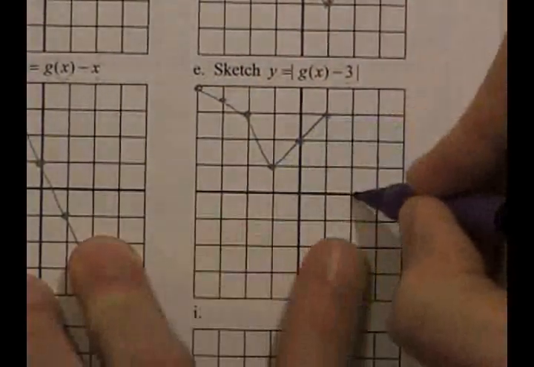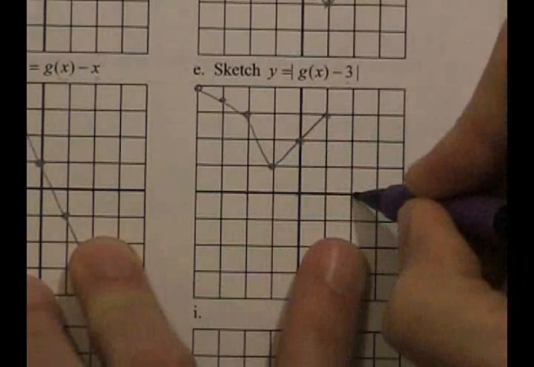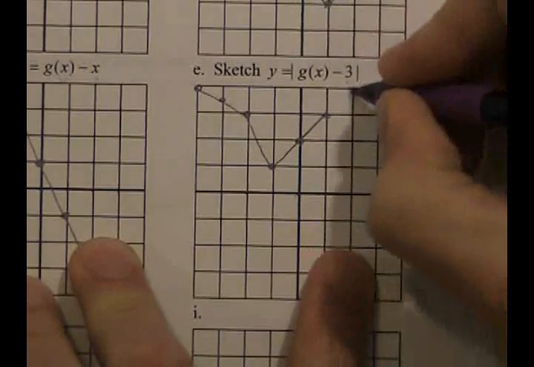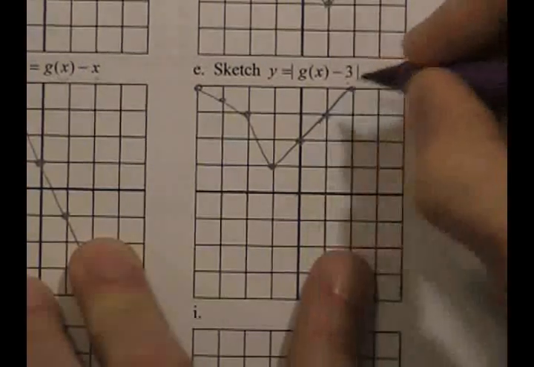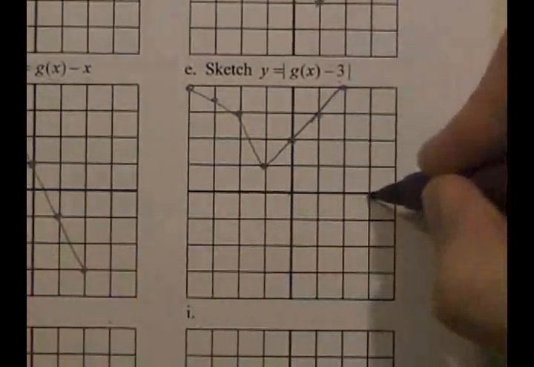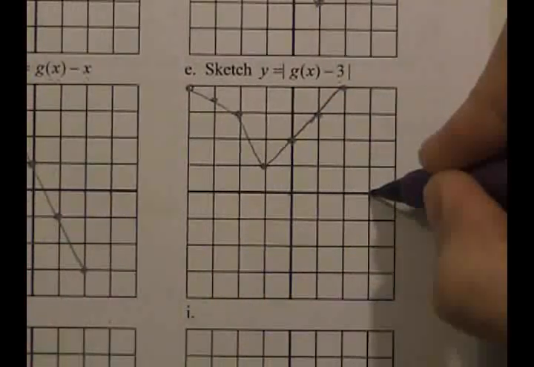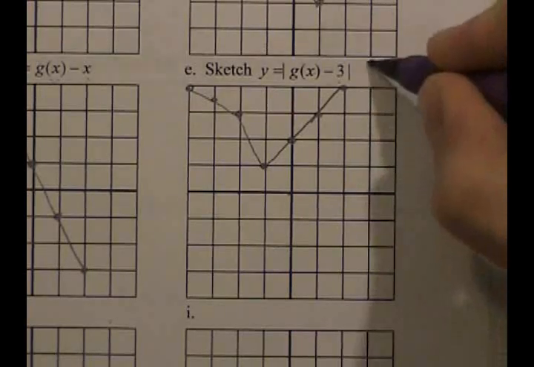When I plug in 2, g of 2 is negative 1, minus 3 is minus 4, absolute puts it up here again. Let's see if I try this one, what I get? 3. g of 3 is minus 2, minus 2 minus 3 is minus 5, absolute is off of the chart.